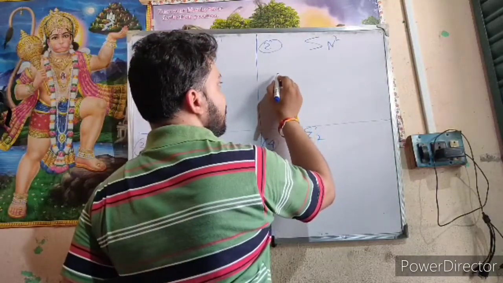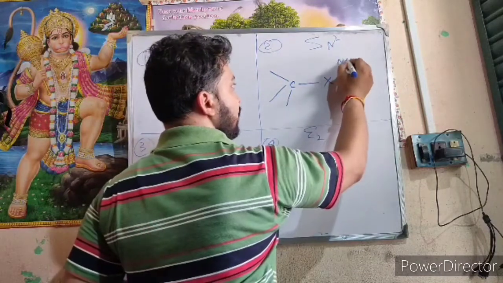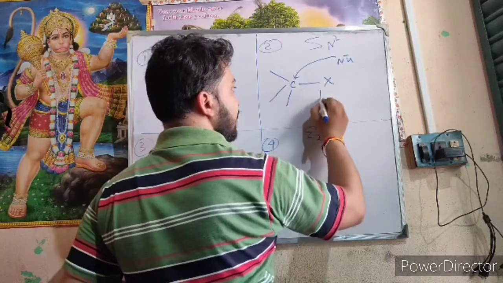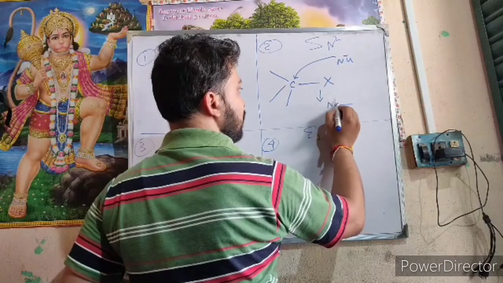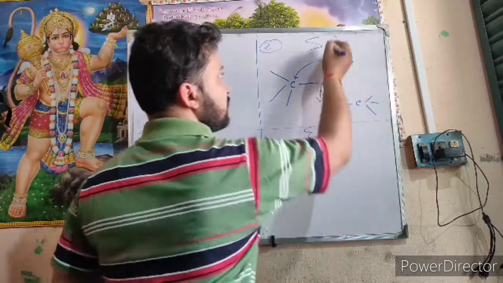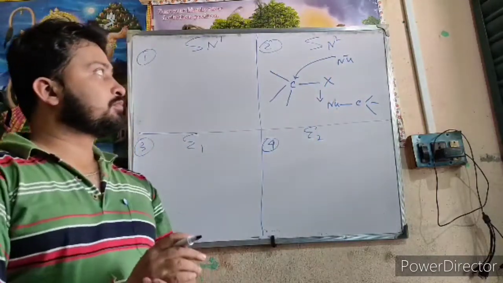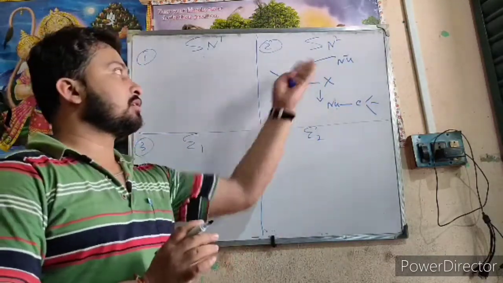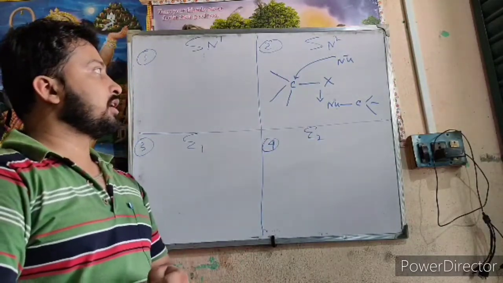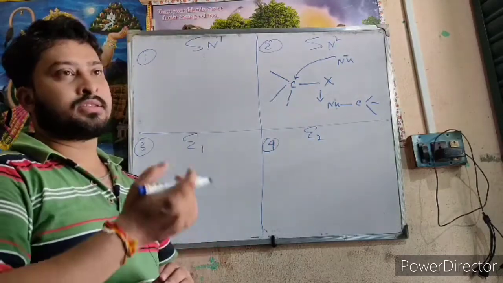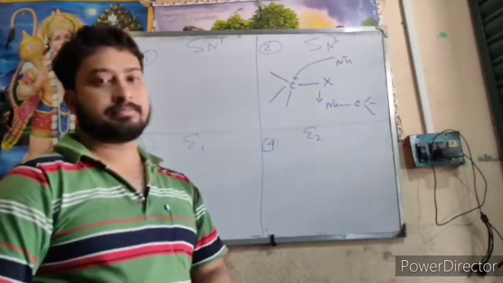It depends on 0 degree, 1 degree, 2 degree and 3 degree: with less steric hindrance, it is better.